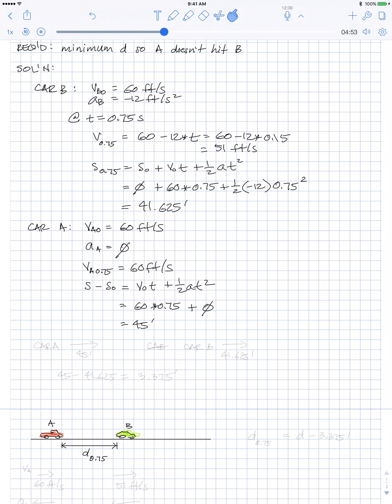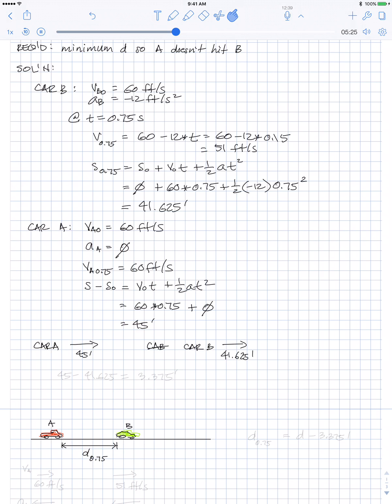Okay, so let's summarize. Car A has gone forward 45 feet in that first 0.75 seconds. Car B has gone forward 41.625 feet.